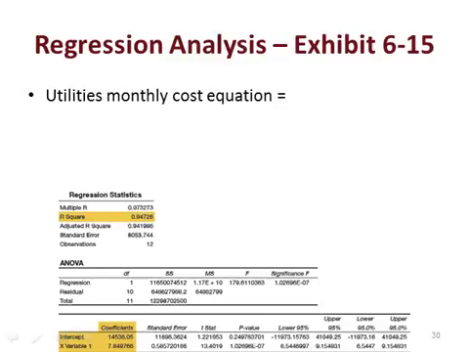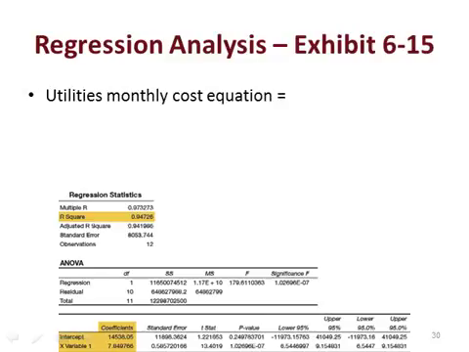And here, we talk about a utilities monthly cost equation. If we're looking at this example 6-15, the utilities monthly cost equation would be, remember, y is equal to my total cost, equals x, which is my variable cost, times v, which is my units of production, plus f, which are my fixed costs.